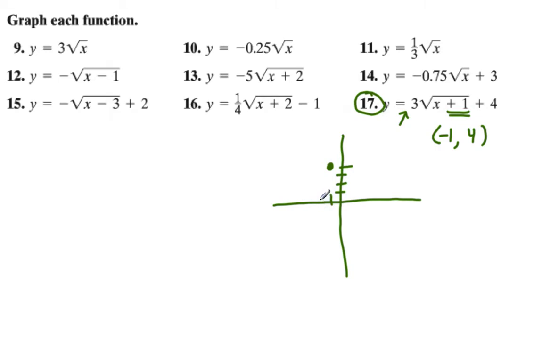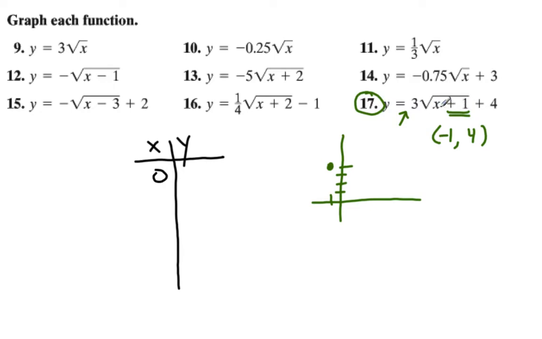If we put negative 2 in, what happens to this? It becomes negative, so it doesn't exist. So we are not going to put in negative 2. We're not even going to put in the negative 1 because we've already done that. Let's go ahead and select numbers to the right of that vertex. So let's pick 0.